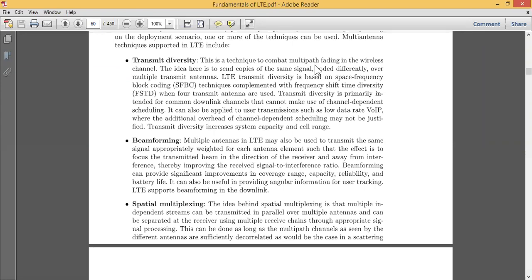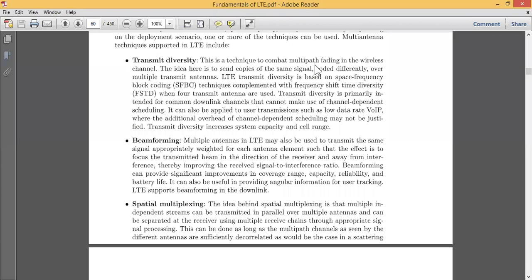So instead of sending one signal, I will send multiple copies: one copy, two copy, three copy, four copy. But I cannot guarantee that all the copies will be received at the receiver, because some copies may get faded, some copies may get discarded due to signal to noise ratio, addition of noise, external noise.